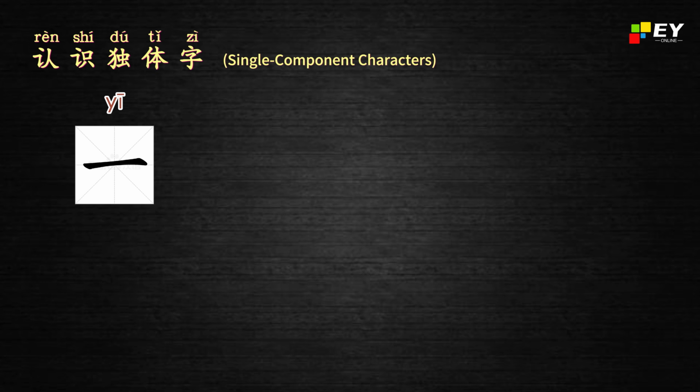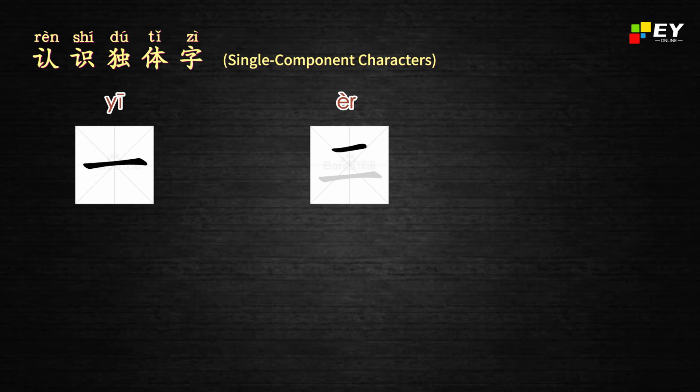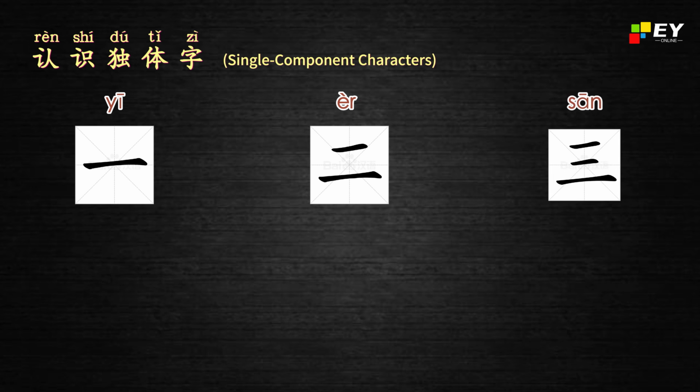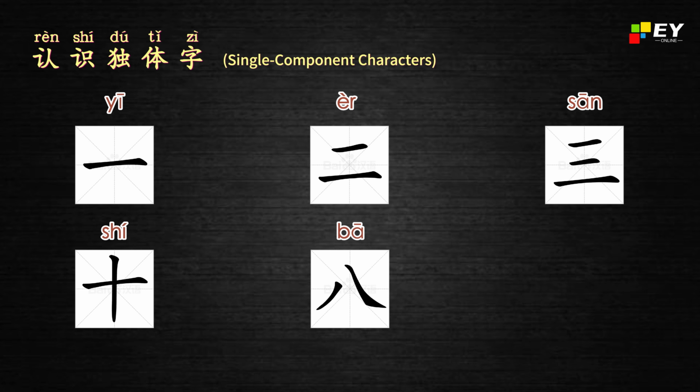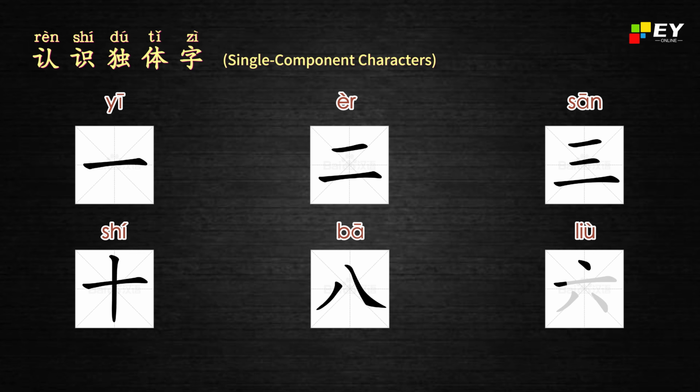The single component character 一 means 1. 二 means 2. 三 means 3. 十 means 10. 八 means 8. 六 means 6.